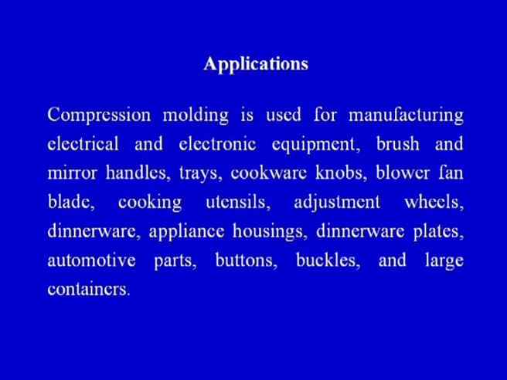Our idea primarily is to understand the basic principle or the basic forming technique that is used in compression molding. So with this we come to the end of this lecture on transfer molding and compression molding.